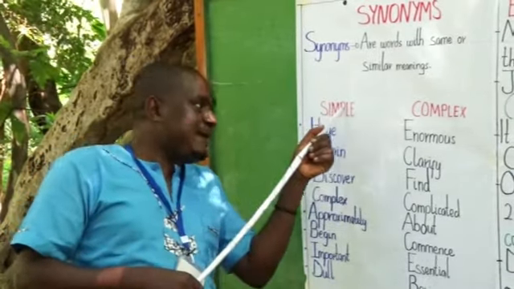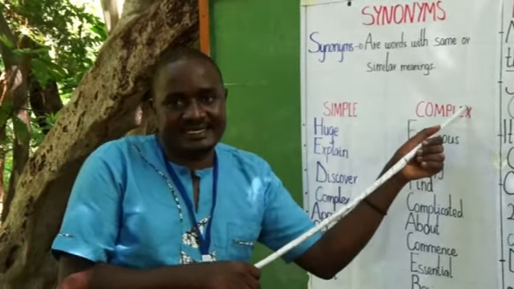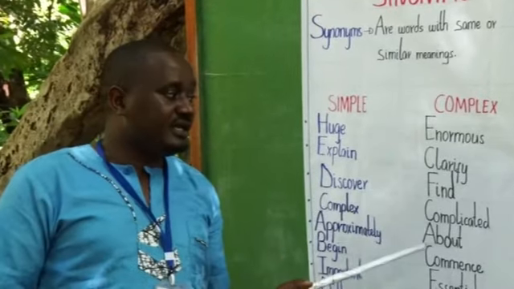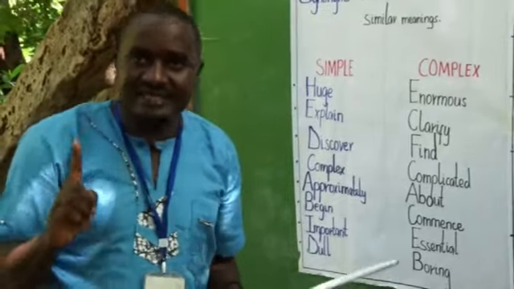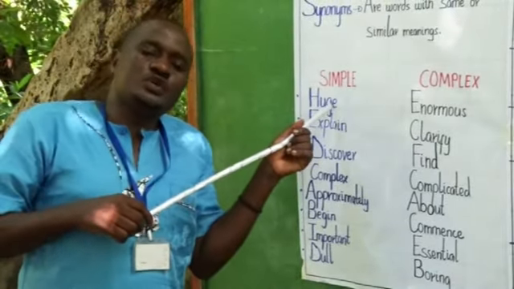We have simple synonyms and complex synonyms, but they have the same meaning. Here you can get three words but with one meaning. For example, let's see the word huge.